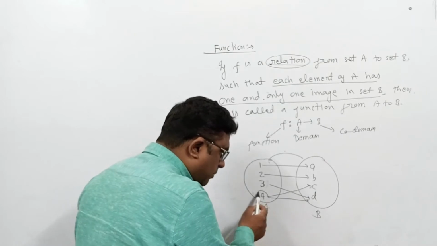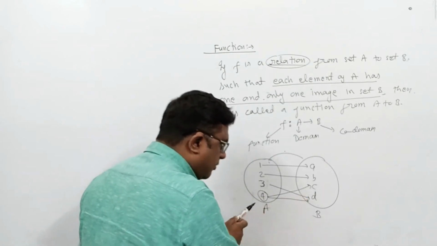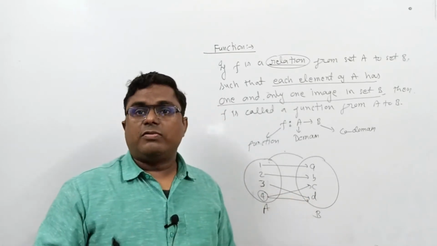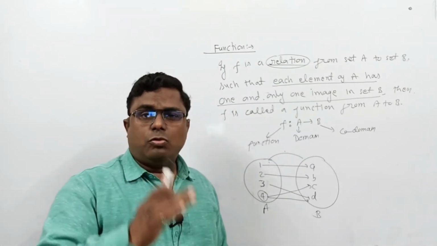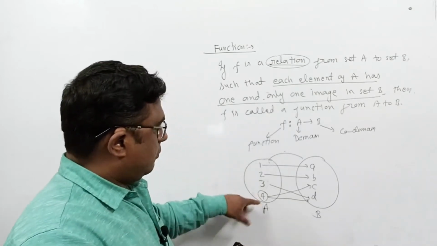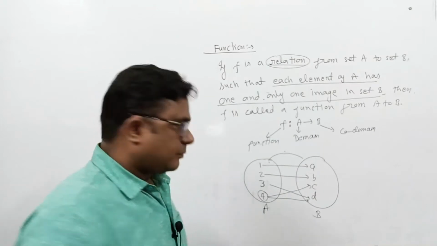Because you see element 4. Element 4 is having two images, C and D, and that is not allowed for a function. In a function, an element cannot have two or more images. That is against the law. Since element 4 is having two images, that's why it is not a function.